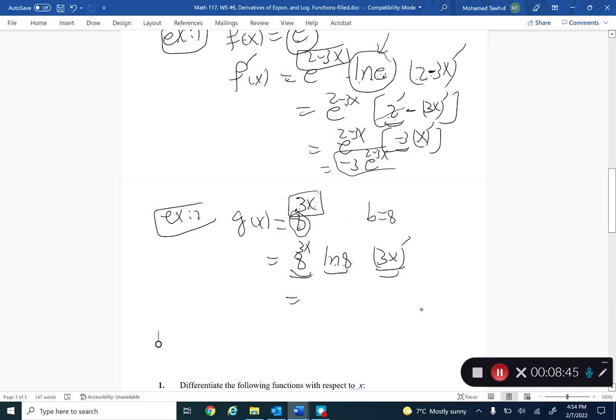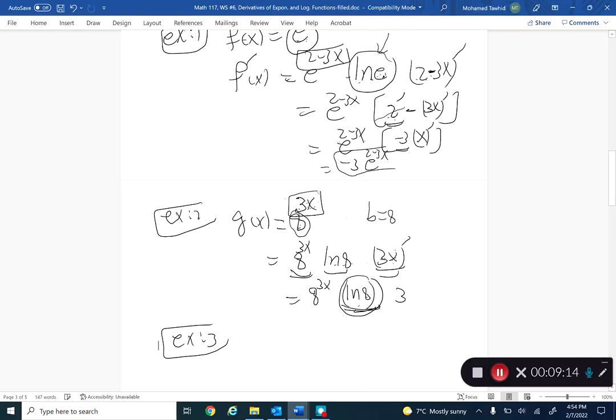So you have 8 to the power 3x, ln 8, which is just a constant number. You don't need to worry about it, you can use technology to get this number. For the derivative of 3x, I can grab 3 out, and the derivative of x prime is just 1. Then you leave it like this. You don't need to simplify and compute ln 8. Just leave it as it is.